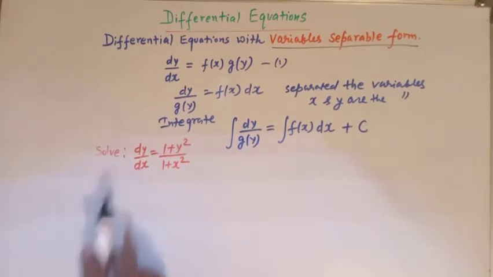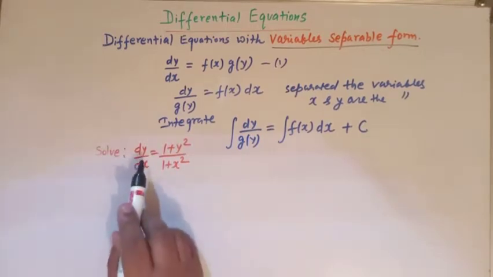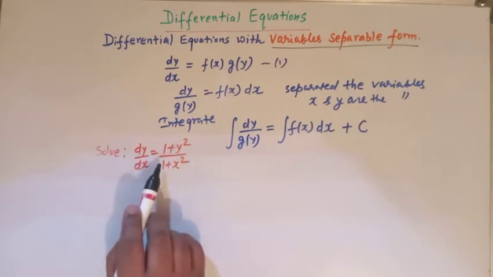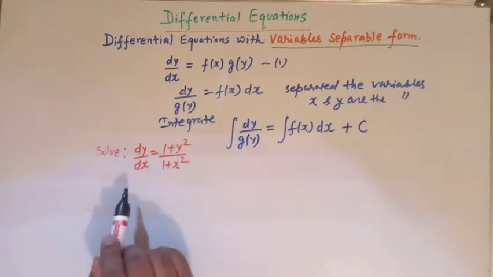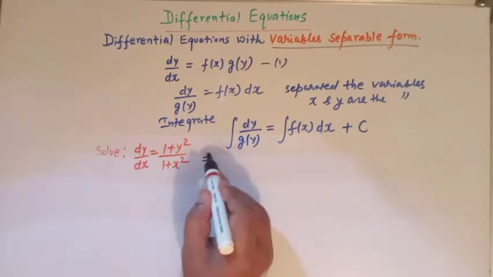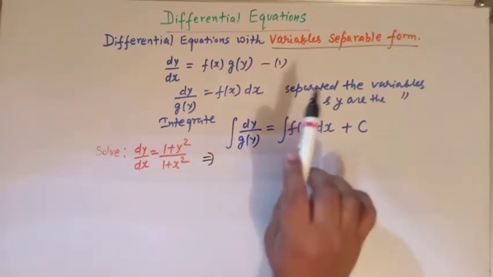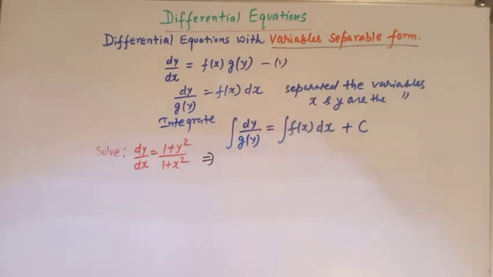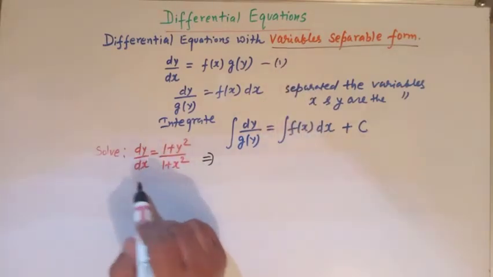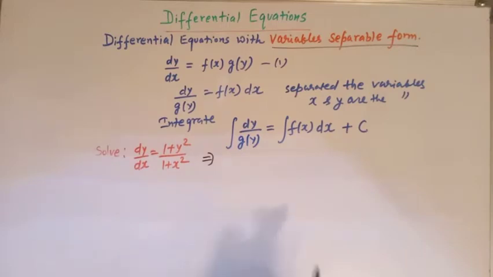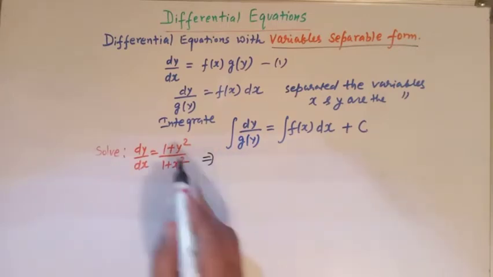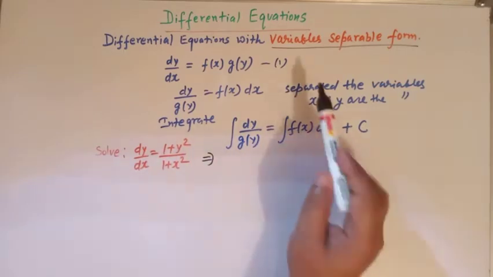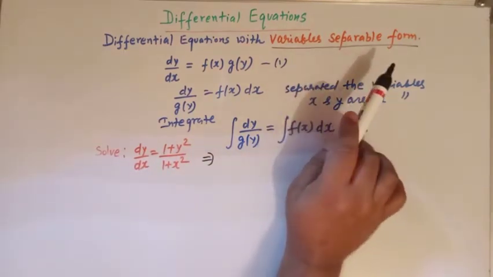Now here we have the differential equation dy by dx is equal to 1 plus y square divided by 1 plus x square. Now viewers, here we will first examine the differential equation, and we arrive at the conclusion that this differential equation belongs to the variables separable form.